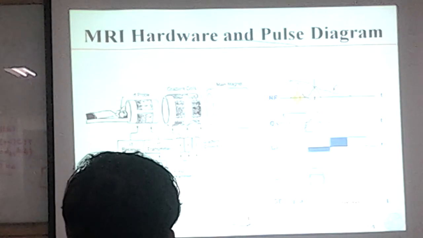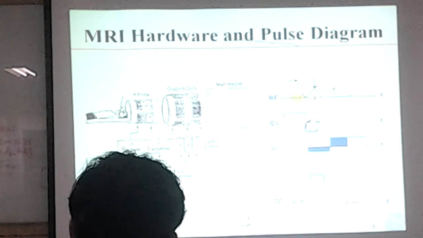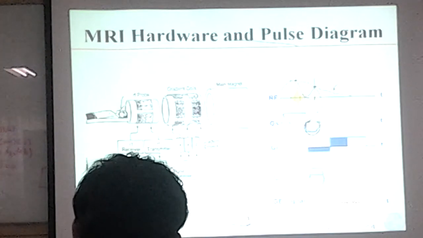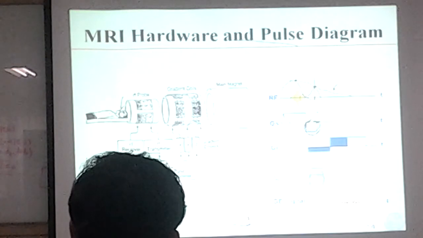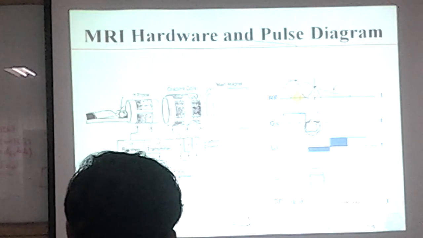But T2 spin-spin interaction cannot be compensated by this compensation gradient. This compensation gradient compensates only field inhomogeneity caused by the slice selection gradient.